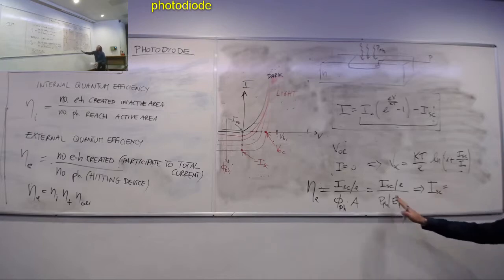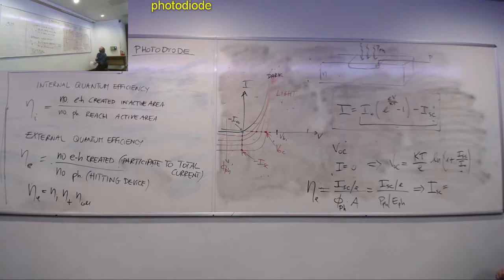So we realize from this relation the relation existing between ISC and all these other quantities. So ISC can be written as E eta E phi of the photons times A, or also as E eta E times the power of the photon beam divided by the energy of the photons.